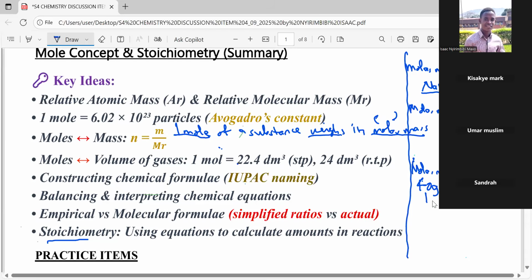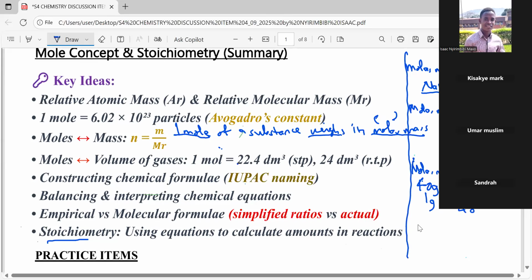What about 1 gram? Sandra, if 40 grams, the molar mass of sodium hydroxide, contains 1 mole, what will 1 gram of sodium hydroxide contain? It will be 1 divided by 40, so 1 over 40 moles.